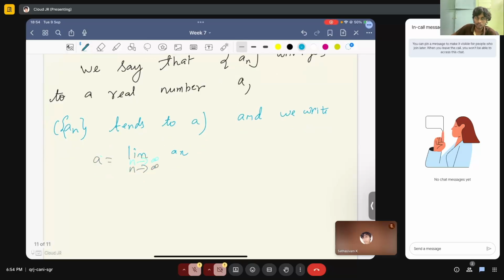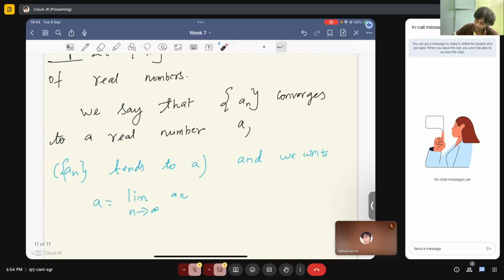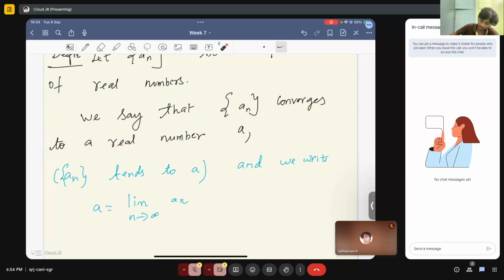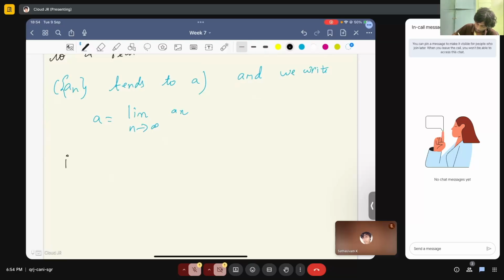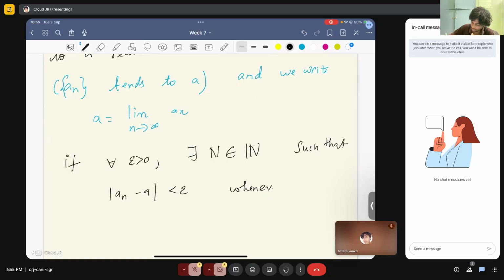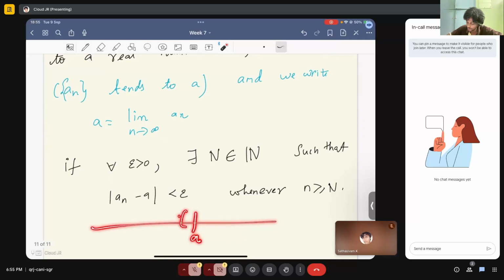This is the notation, but basically we say a_n converges to a real number a if, for all epsilon greater than 0, there exists a stage N in the natural numbers such that |a_n - a| is less than epsilon whenever n is greater than or equal to N. So what it tells you is that after some stage N, if you choose the epsilon ball around a, every a_n lies inside it.